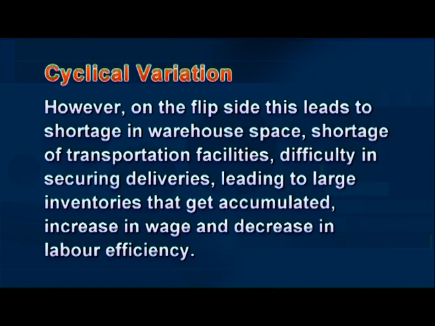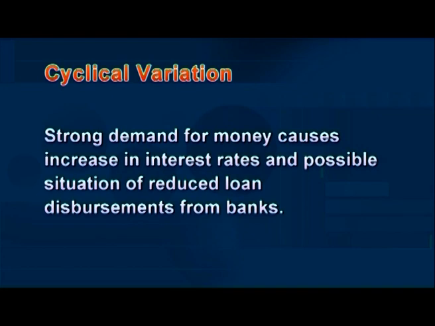However, on the flip side, this leads to shortage in warehouse space, shortage of transportation facilities, and difficulty in securing deliveries, leading to large inventories that get accumulated, increase in wages and decrease in labor efficiency. Strong demand for money causes increase in interest rates and a possible situation of reduced loan disbursements from banks.